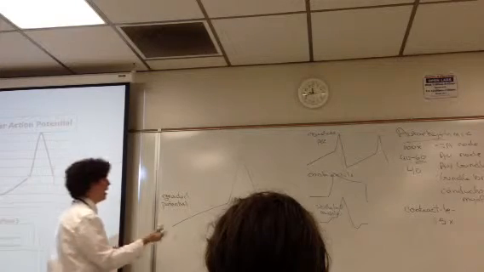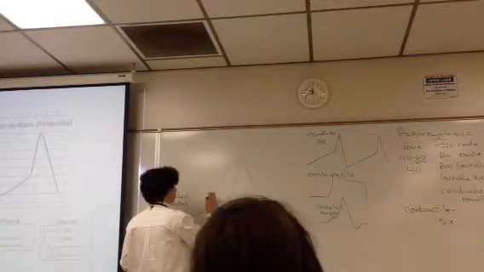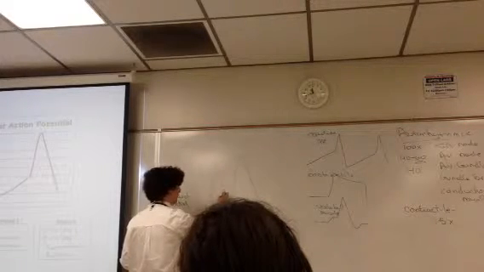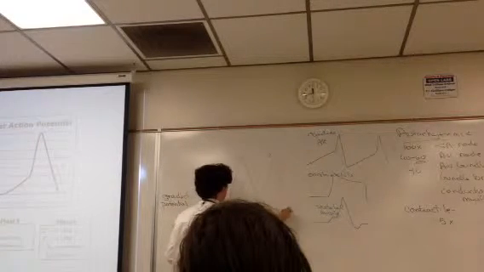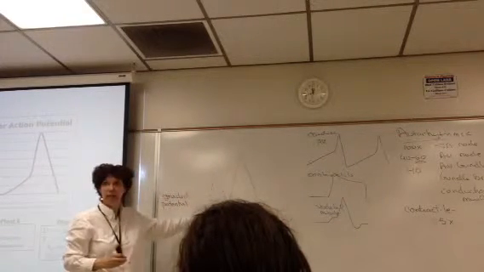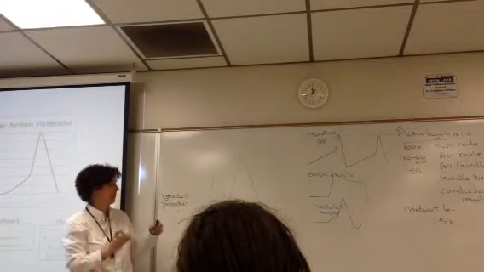All right, so if we're using the sympathetic nervous system, then we have a steeper slope. Ions flow into the cell faster, takes less time.